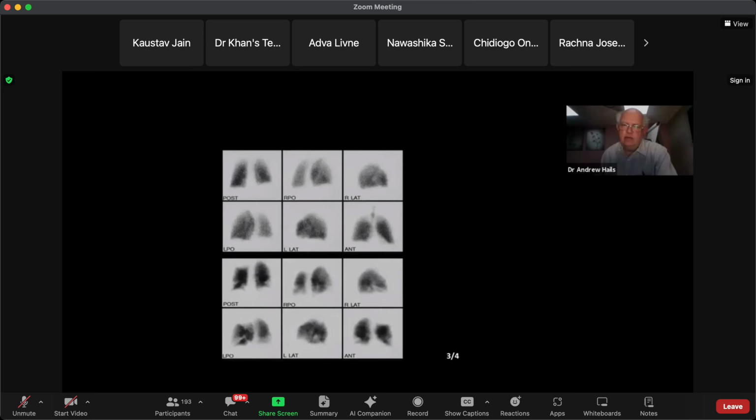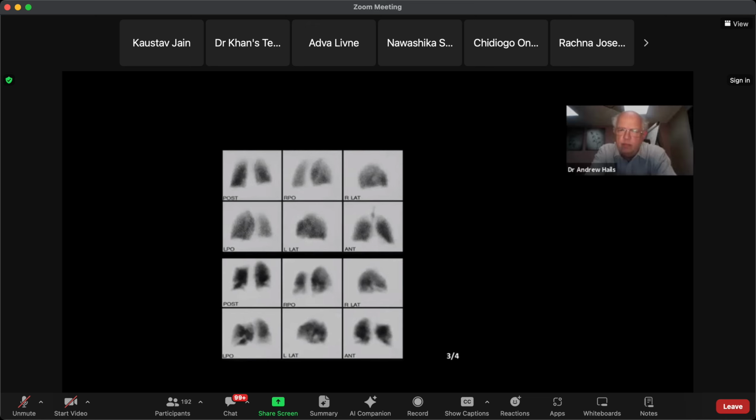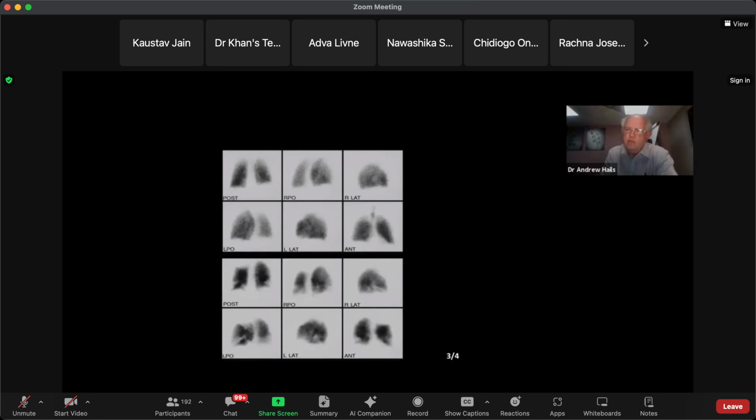And I think in the perfusion, in the left posterior oblique images, there appear to be areas of reduced tracer activity, which would be in keeping with a perfusion defect. I'm trying to see if there's a corresponding ventilation defect, and I don't think I can see a ventilation defect in these areas.